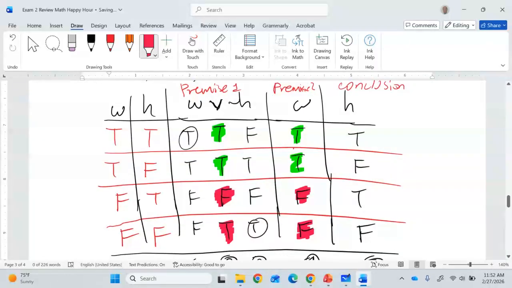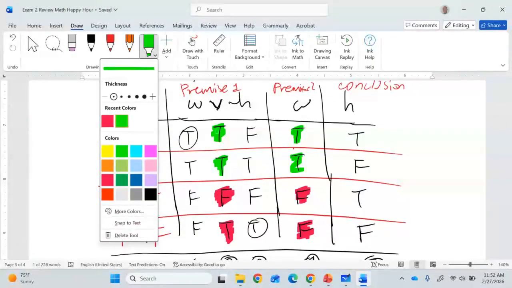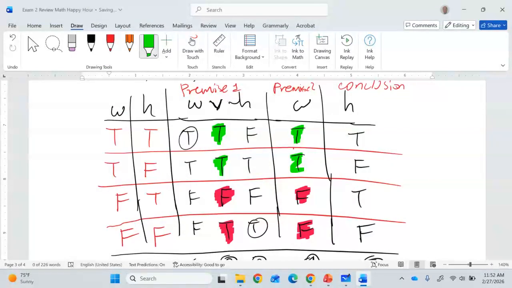And finally, in those rows, I need to check that the conclusion is also true. And you would notice that in the first one, I have true, and the conclusion is true. So this would be good for a valid argument. However, the second row has true and true, but the conclusion is false.